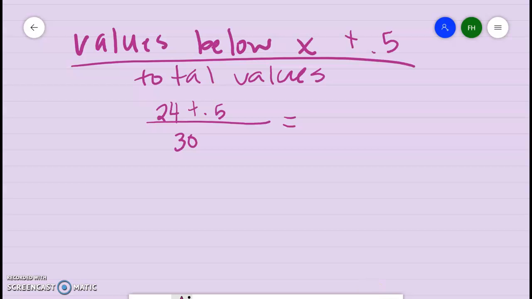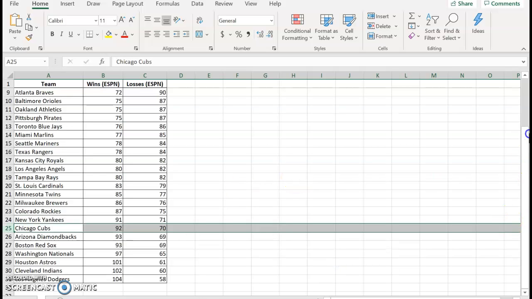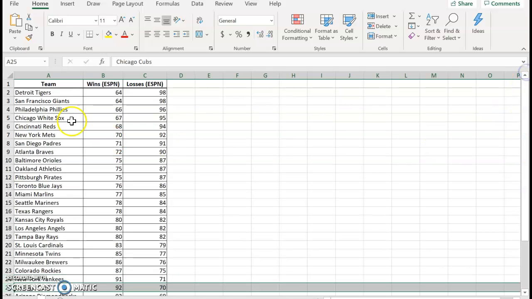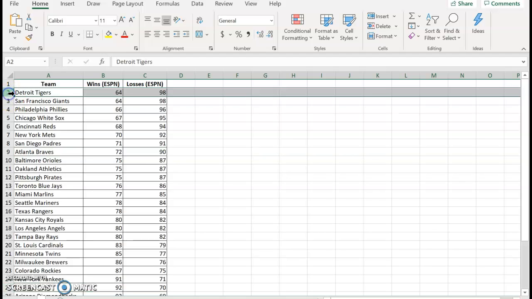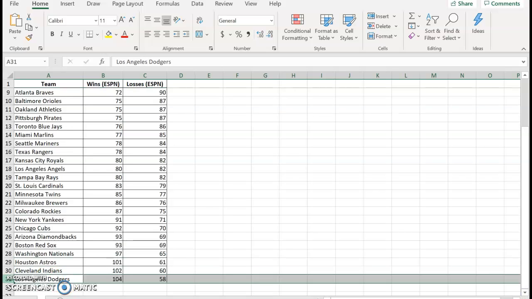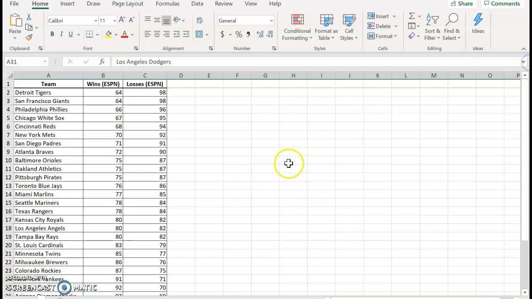And the way that you do that is you say, well, I started at cell 2, and I need to go all the way to cell 31. So how many cells would that be? Well, 2. How many would I have to add to that? I would have to add 29 cells to get to 31.